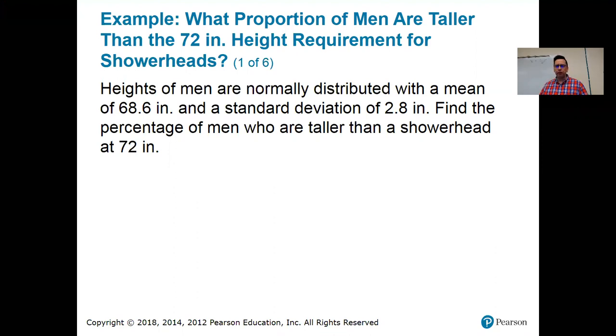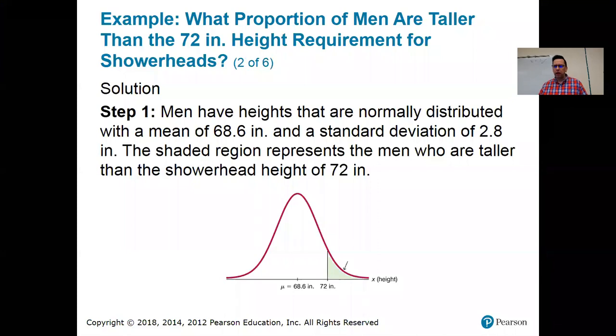So that picture kind of looks like this. Here's the mean of 68.6 inches right in the middle. Here is the relevant x value, 72 inches up here. And we're looking for the proportion of men who are taller than 72 inches.